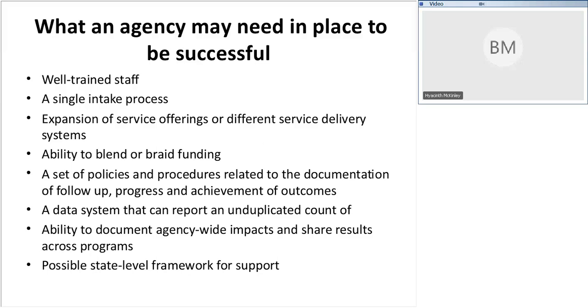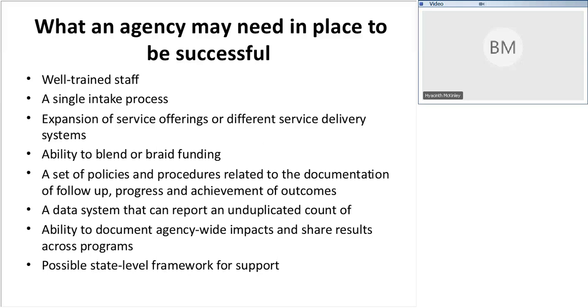We have to have policies and procedures related to documentation so that we know where the data is coming from. And then we have to have data systems that really work, that we can get reports of an unduplicated count, and we need the ability to document agency-wide impacts as well as just program outcomes.